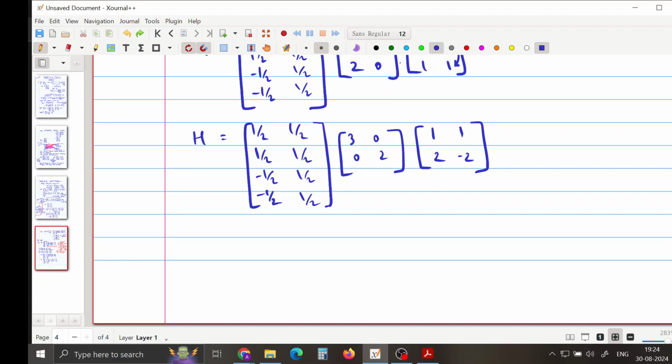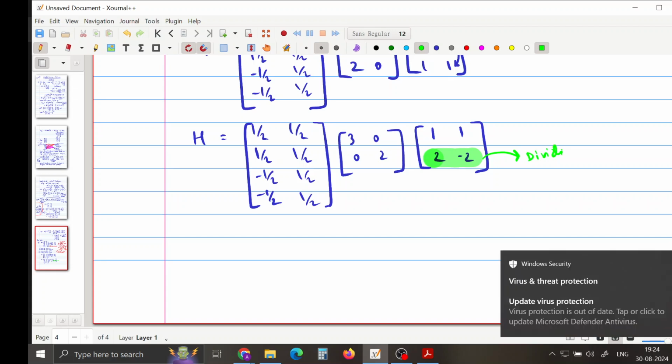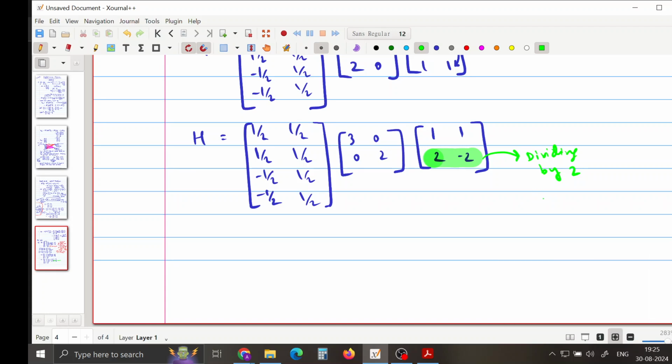What I am saying is I am taking this second row and dividing it by 2. So I am basically normalizing it. But for the product to remain the same, I should do some adjustments as well, right?